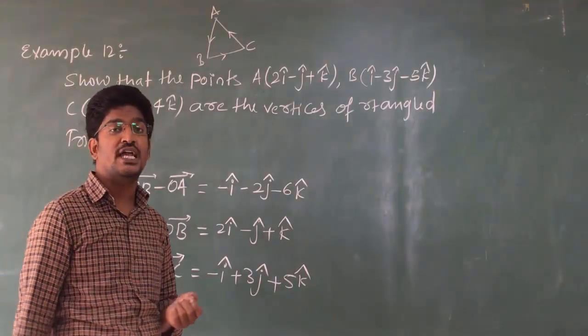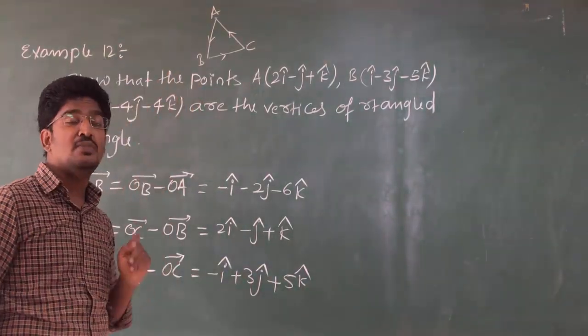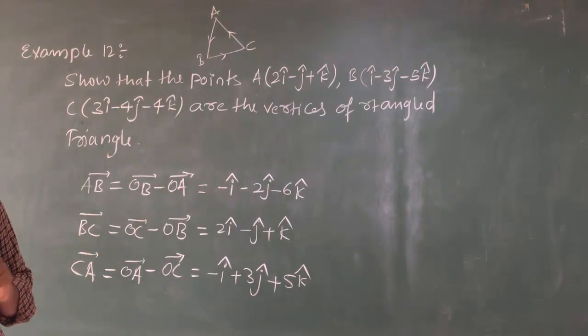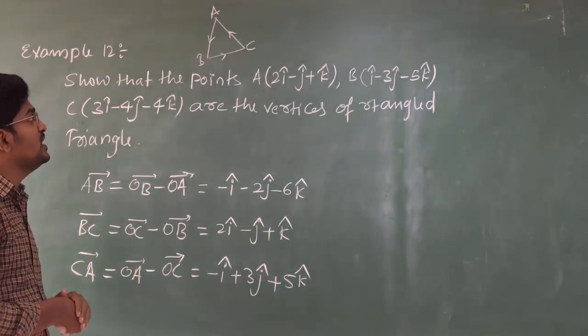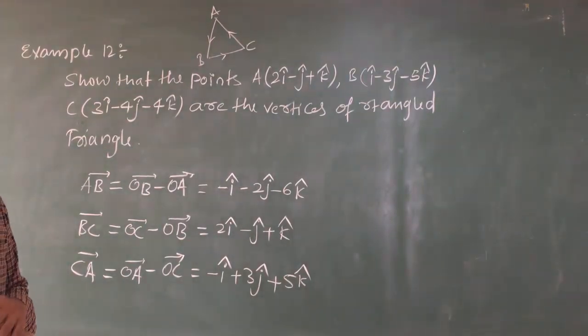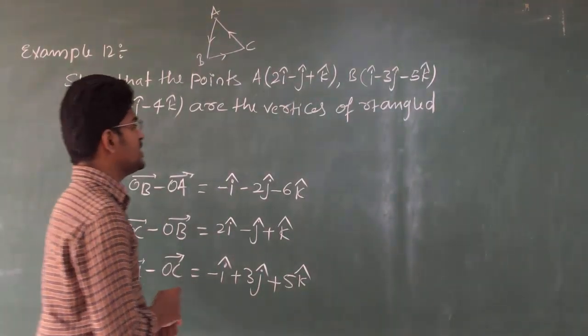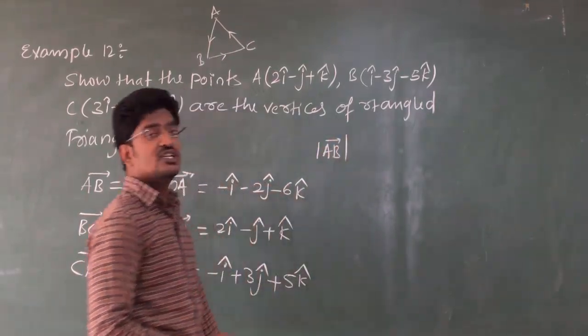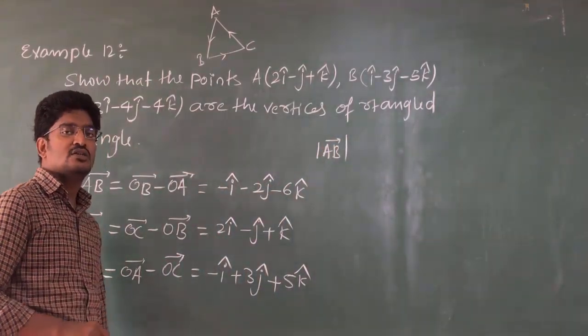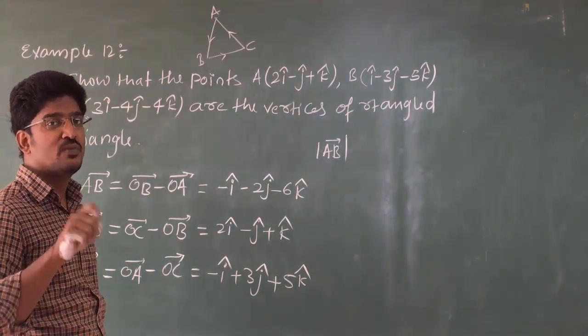Next you have to find the lengths of AB, BC, CA, because the lengths are important to show Pythagoras theorem. The length of AB, the length of BC and the length of CA. So for that you have to find the magnitude of AB. What is the magnitude formula? Square root of x square plus y square plus z square.